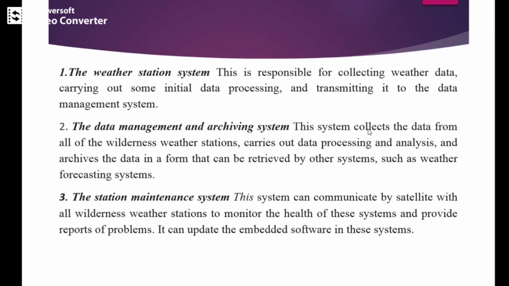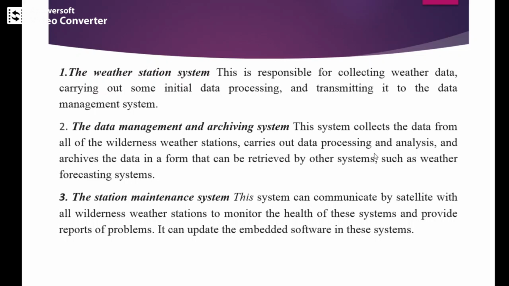This system collects the data from all of the wilderness weather stations. You know that hundreds of stations have been deployed in wilderness areas, so this data management system will collect all that data from all those weather stations. Then it will start the data processing.